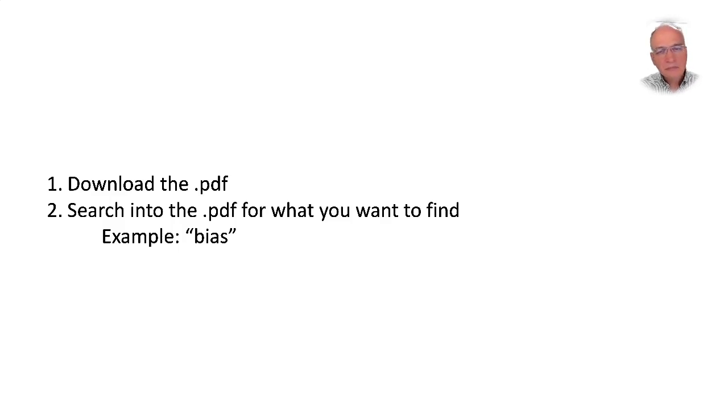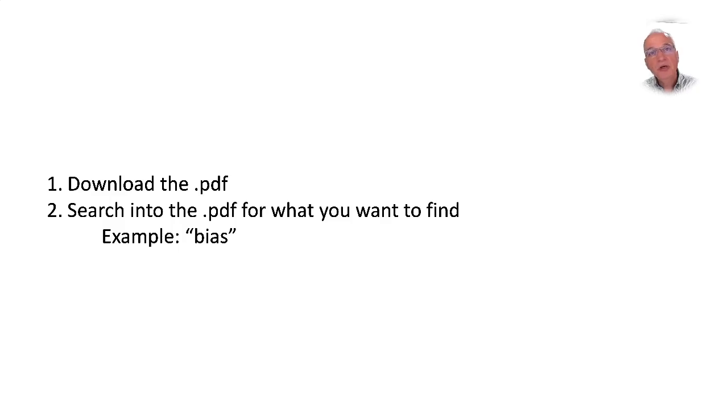So finding that, what you do is download the PDF. You have access to all publications from the ACM, that's the Association for Computing Machinery, association and library, and you have access to every periodical in that library through your University of Alberta library.